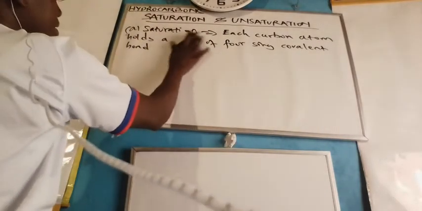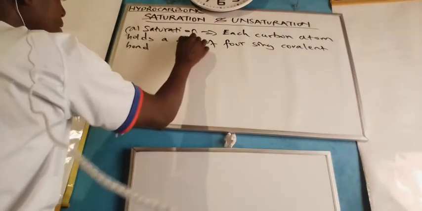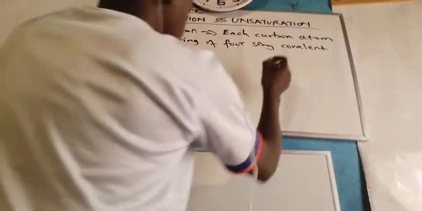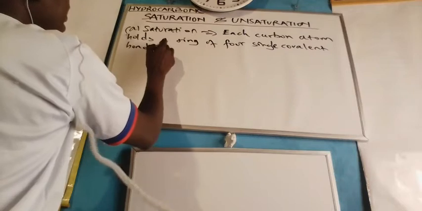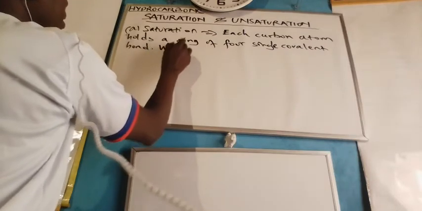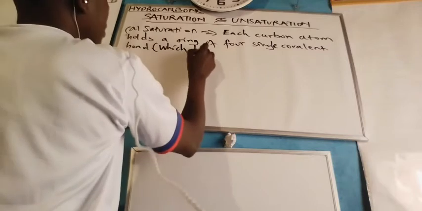So, saturation is a state in which each carbon atom holds a ring of 4 single covalent bonds, and in this case, they have no room for any other bonds.